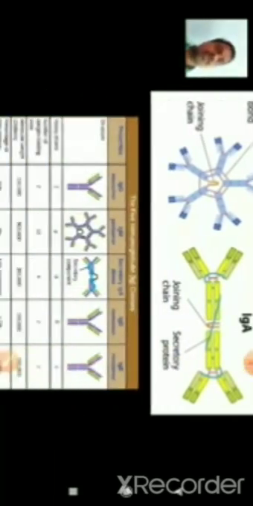In the next image, the different characters present in every antibody: this is IgG, a monomer; IgM, a pentamer; IgA, a dimer; and IgD and IgE are also monomers. So those are the types of antibody.